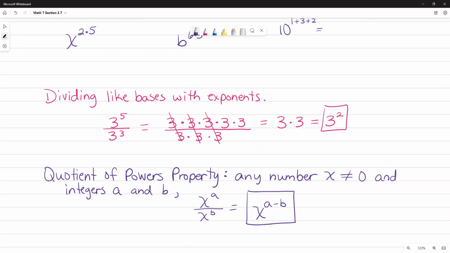So when we multiply, we add. So when we divide, that means we subtract our numerator's exponent minus the denominator's exponent.